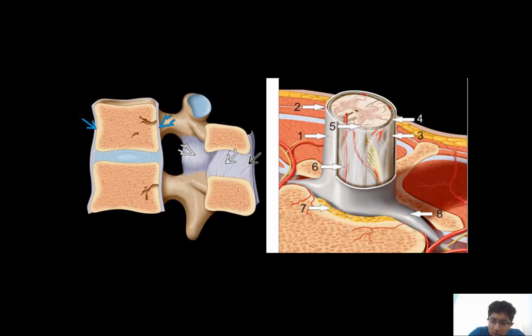What we are seeing here is the arachnoid membrane, and outside the arachnoid membrane is the dura mater, and this dura mater is attached to the periosteum. It will be touching and stuck to the periosteum, and this arachnoid and the dura mater sometimes extend along the peripheral nerves, forming a sheath around them.